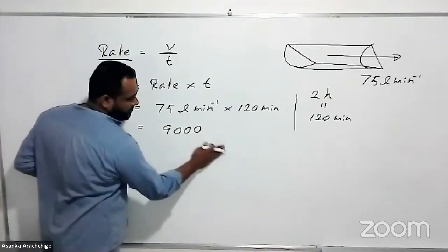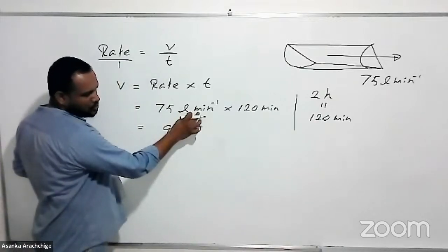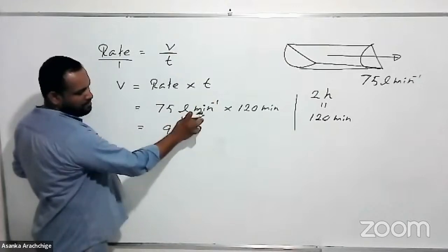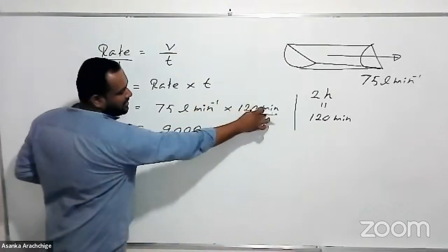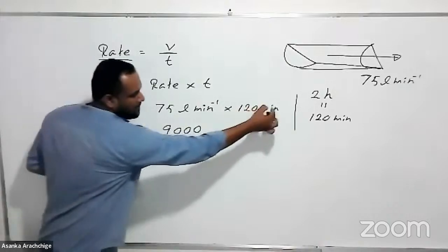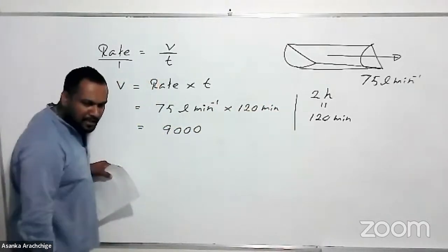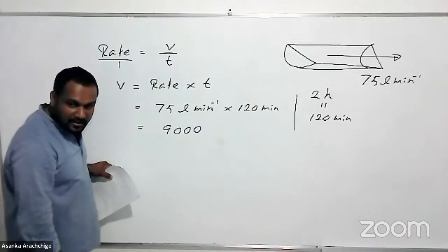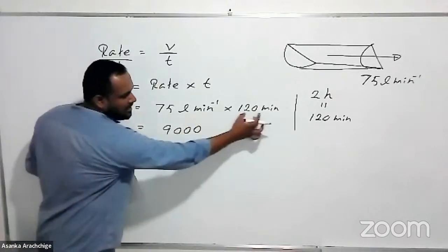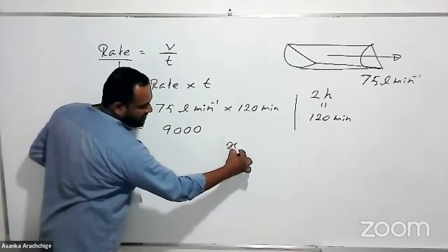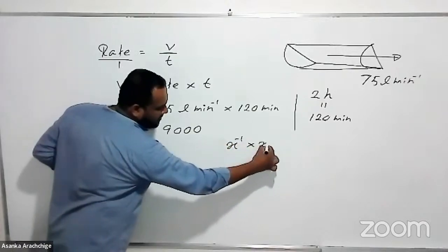Then the unit: minutes to the power minus 1 times minutes. Here plus 1, here minus 1. What happens when they multiply? The bases are equal. It is like x to the power minus 1 times x.